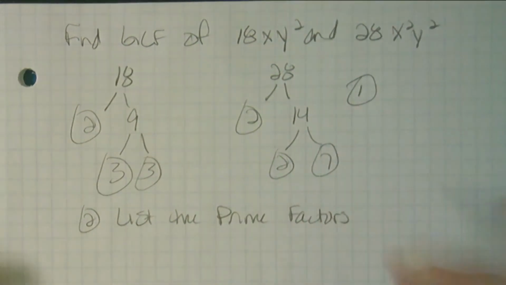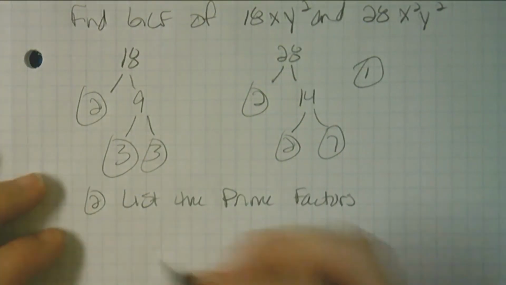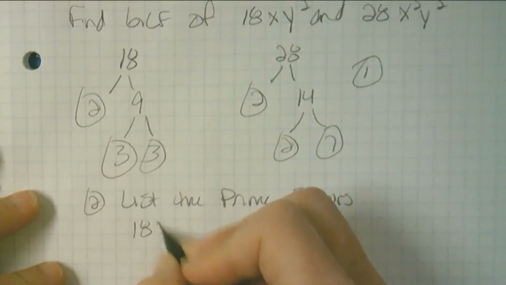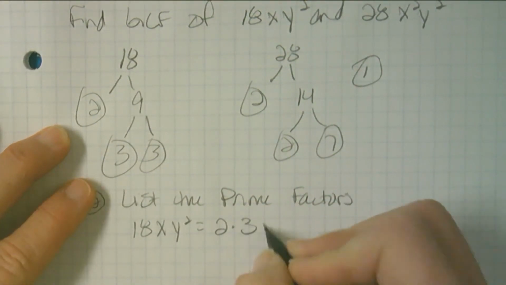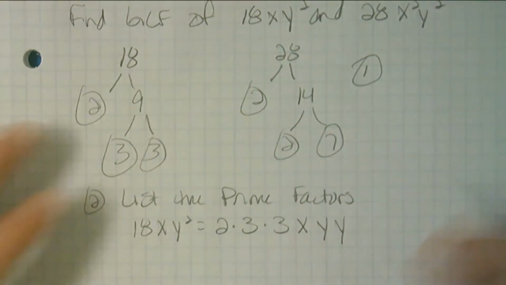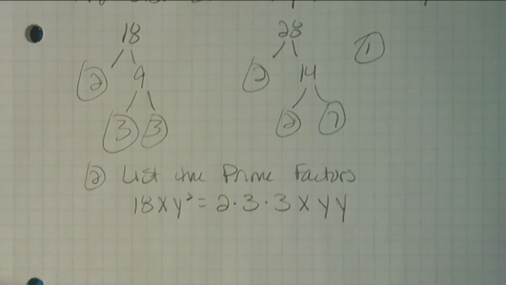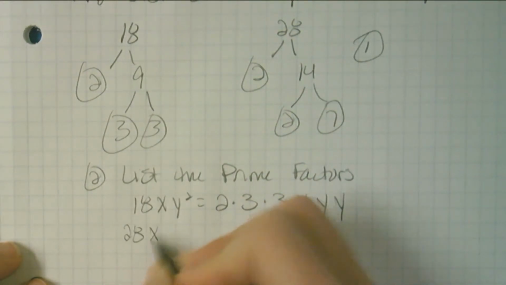So this goes back to me wanting to make sure that you're not writing them with exponents on them. So 18xy squared is going to be equal to 2 times 3 times 3 times x times y times y. 28x squared y squared.